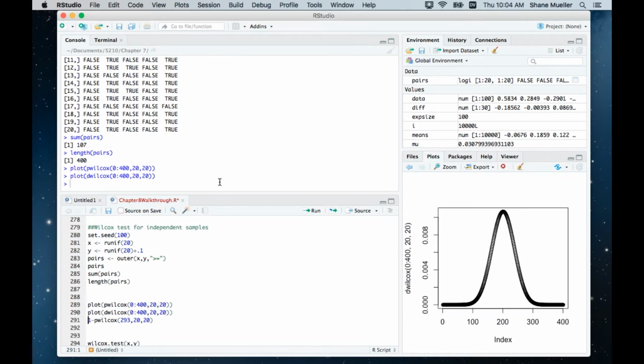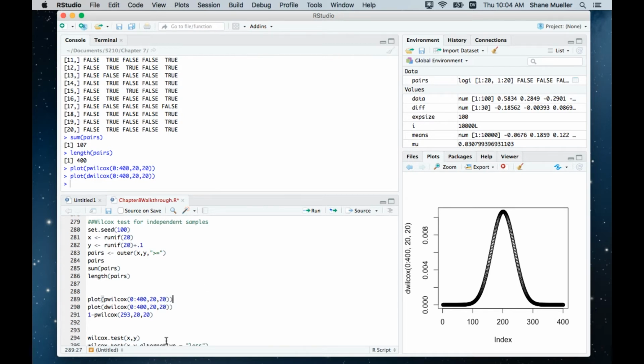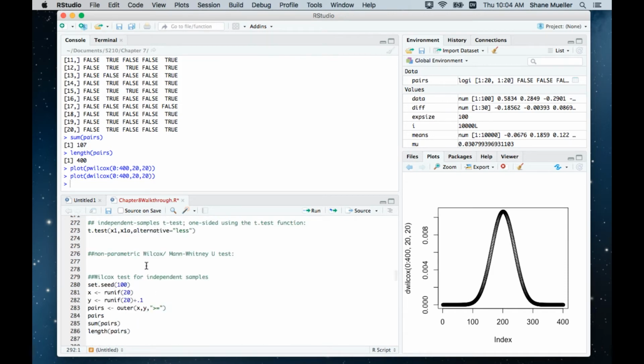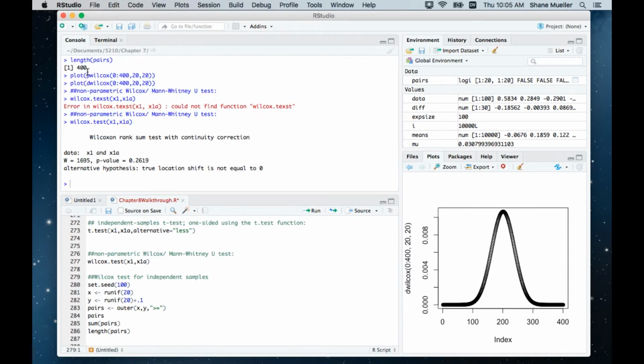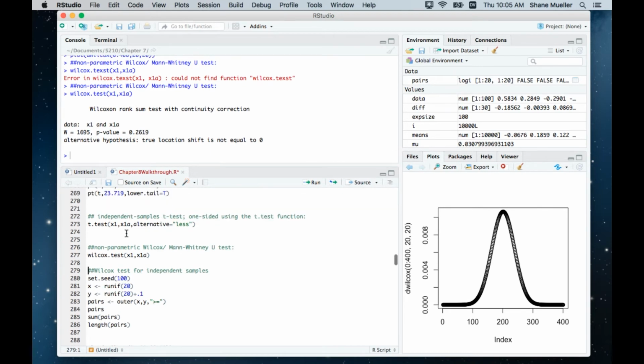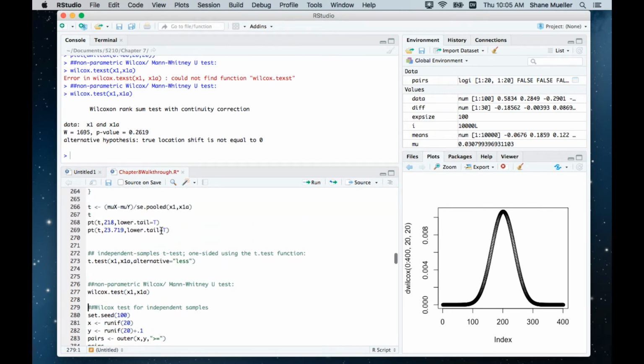So I can do the Wilcox test between two values, and I guess I'll do the Wilcox test first between x1 and x1a. I've got to spell it right.